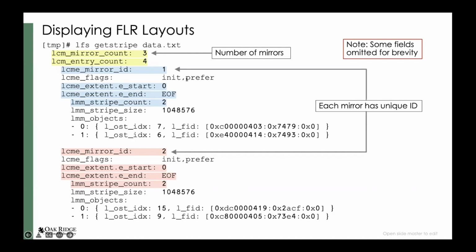So they're normal layouts, and the prefer flag had been set on them. So that shows up at the LCME flags. Both of them have start and end points that cover the entire file, so they are from 0 to end of file, and they both have a stripe count of 2. Otherwise, they're basically the same, except they have different mirror IDs, and of course, they have different OST indexes that have been allocated to those mirrors.